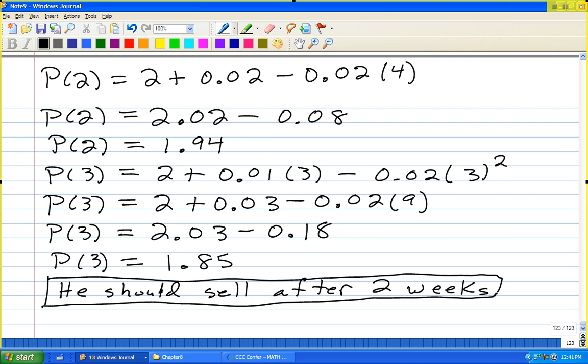And in the near future, we'll actually be able to figure out exactly when he should sell to maximize the price that he gets. It'll be a relatively easy formula that we'll be deriving in a few weeks.